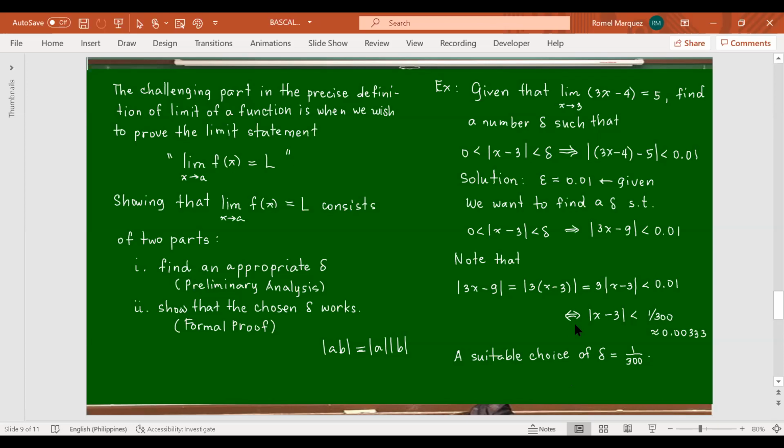Okay? So let's see if this will work. Is this really the correct delta? Will this really work? Let's find out. Let's check if delta, which is equal to what?